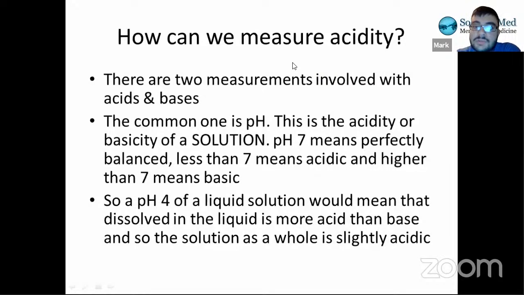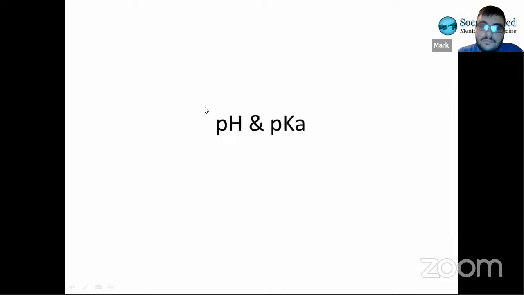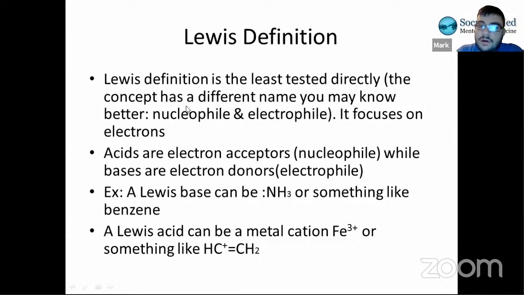If we use electrophiles or base electron donors, electrophiles, does it say that? I may have mistyped that, yeah. These might be switched, because electrophiles are electron acceptors and nucleophiles are electron donors.